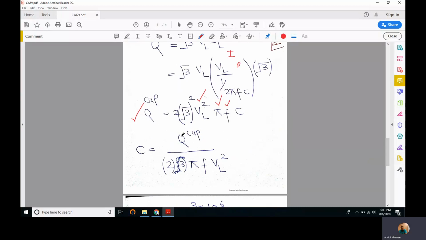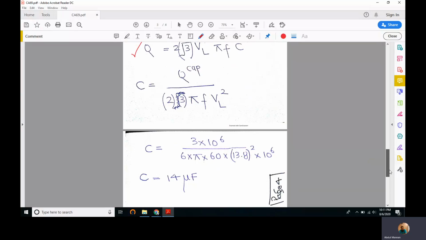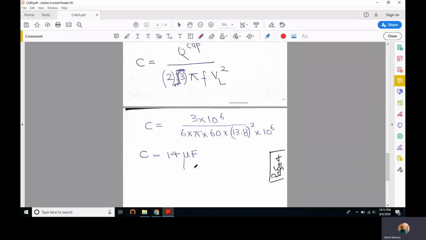So C can be written as Q capacitor divided by 2 pi F times 3 VL squared. This square root of 3 multiplied by this square root of 3 makes it 3. So putting these values in gives us C to be 14 microfarad.